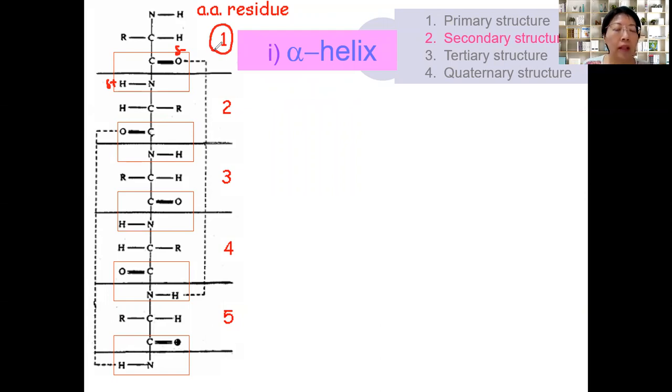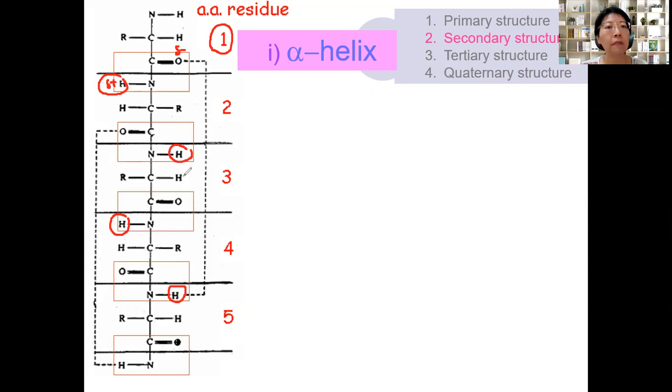Now, every amino acid is actually able to form hydrogen bond because every amino acid has a delta positive H here, right? Delta positive H here, right? So therefore, actually, this delta negative O can form hydrogen bond with any of the delta positive H in every amino acid.